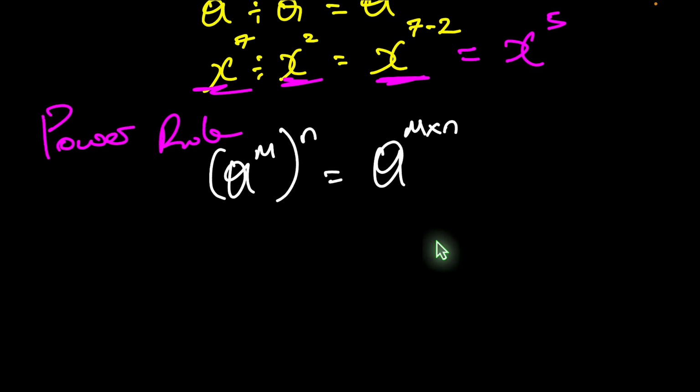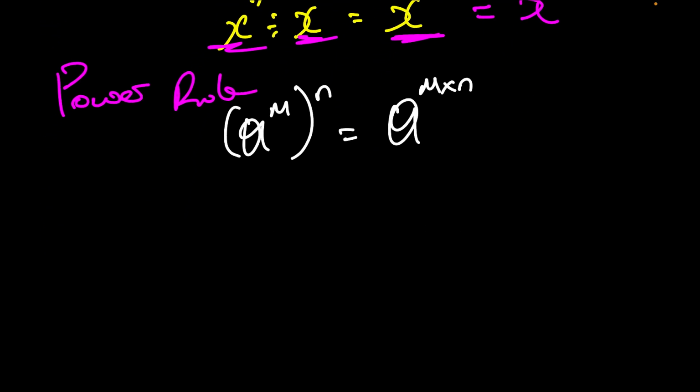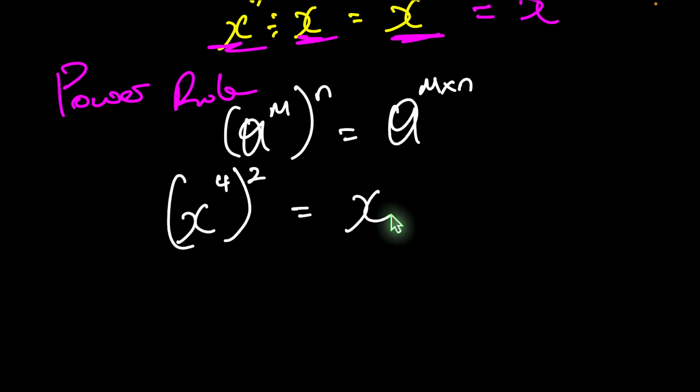So let's do it again just like we've been doing. So say we have x to the power of 4 in bracket and raised to another power. Straightforward, you guessed it. So it's x to the power of 4 multiplied by 2, and this one is 8. So many students tend to make mistakes with this one, and they tend to just add the power for the power rule, but it's multiplying.